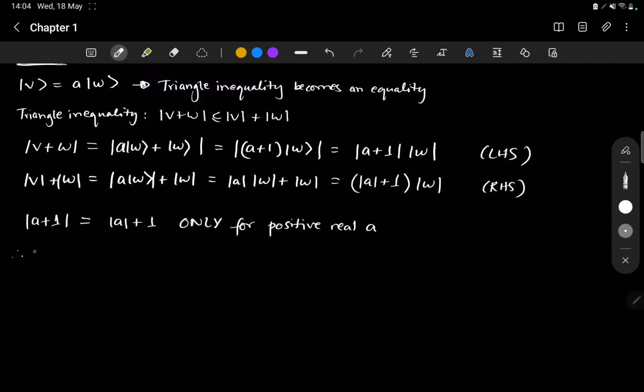So therefore we get, so for real positive a this reduces to simply a plus 1, and we see that this equality is being satisfied in the triangle inequality for such a given case where v is a scalar multiple of w, a being a real positive scalar. So we have completed this question.